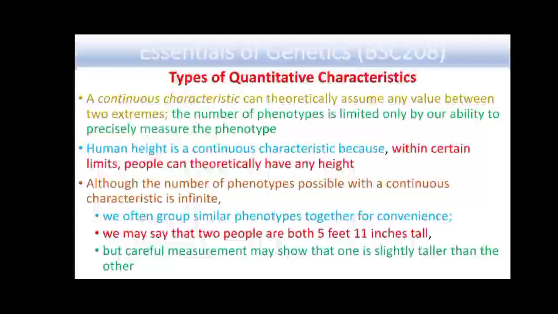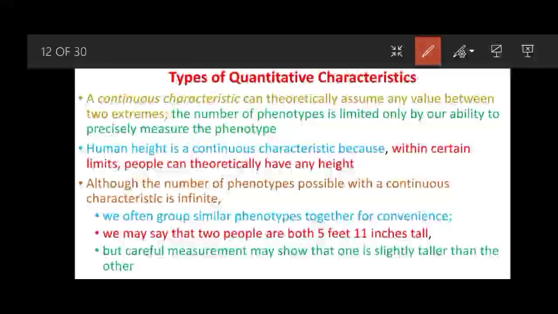Now coming towards the types of quantitative characteristics. A continuous characteristic can theoretically assume any value between two extremes. For example, in the case of height of a plant, tall and dwarf are two extremes, and other variable phenotypes can fall between these two extremes.